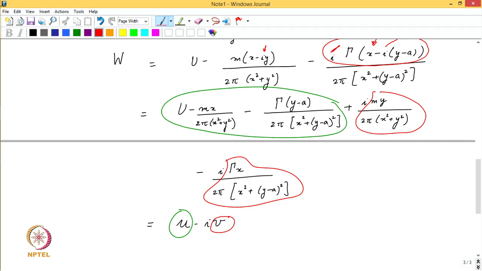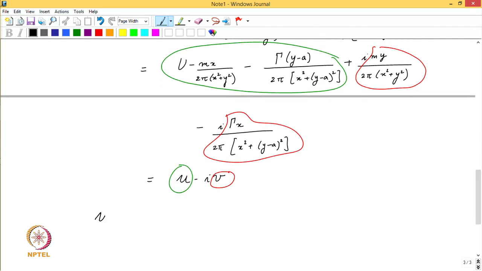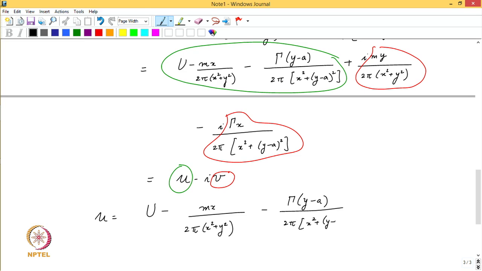Okay. So, we can say u will be capital U minus m x by 2 pi, over x square plus y square, minus gamma (y minus a) by 2 pi, over x square plus (y minus a) whole square, right.